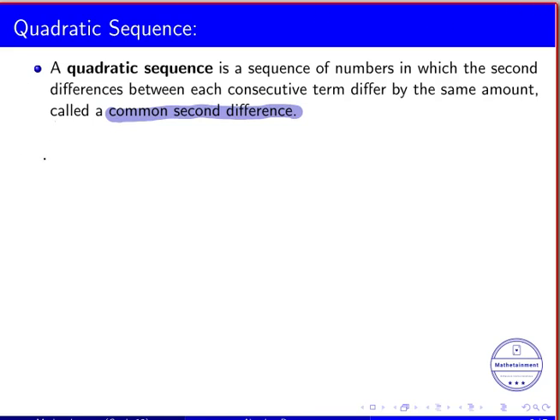One thing that we have to know is that our quadratic sequence has its general term, which is denoted by Tn = an² + bn + c.